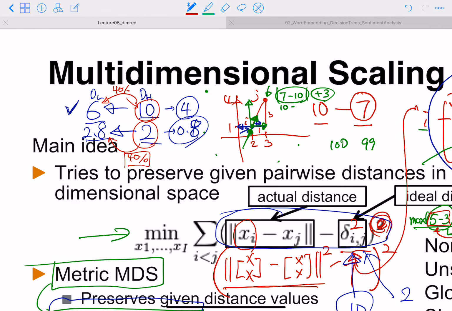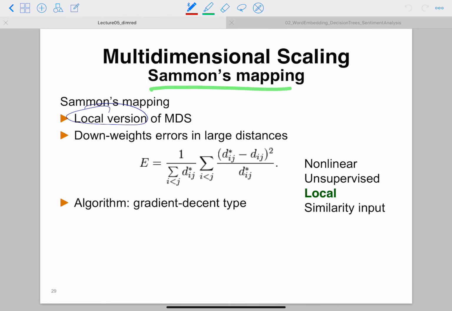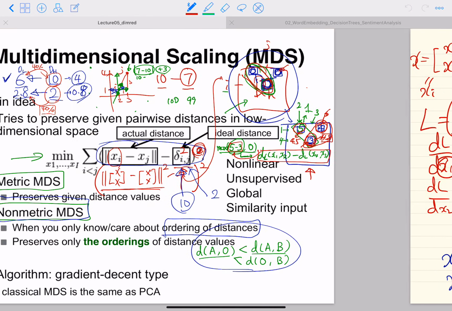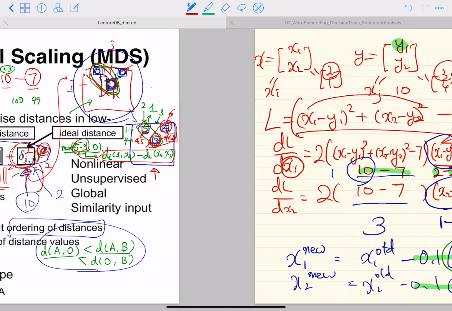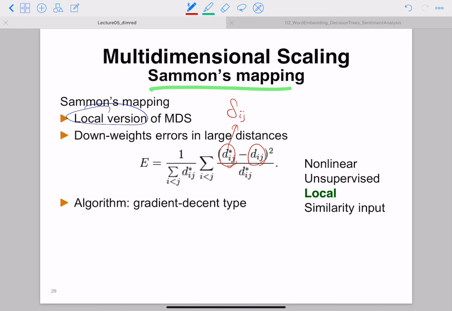The Sammon mapping has this delta ij, which we see over here. This is the high dimensional distance, and this is the low dimensional distance.